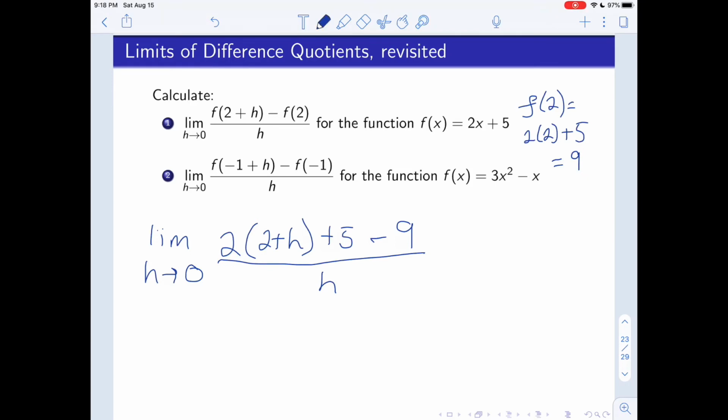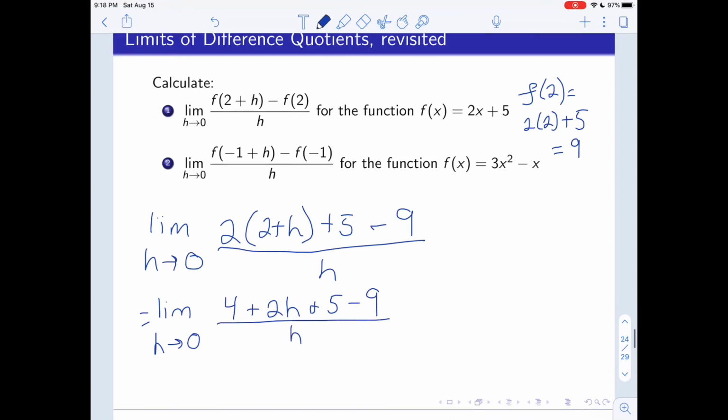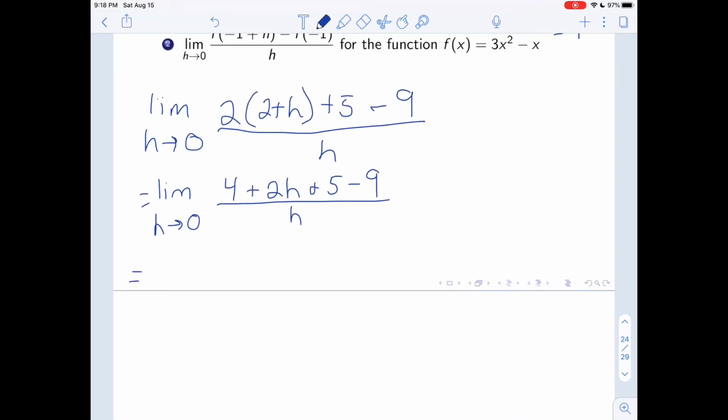All right, so we want to calculate this limit. So I need to distribute the 2. I get 4 plus 2h plus 5 minus 9, all of that over h. And so that is the limit as h approaches 0.